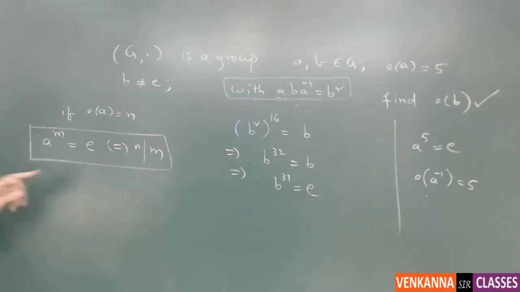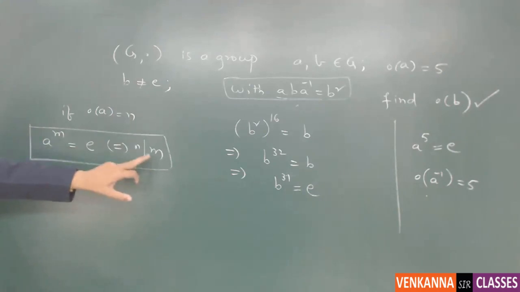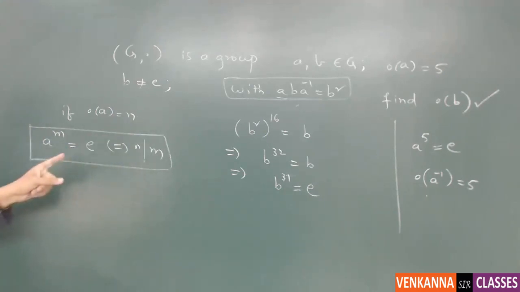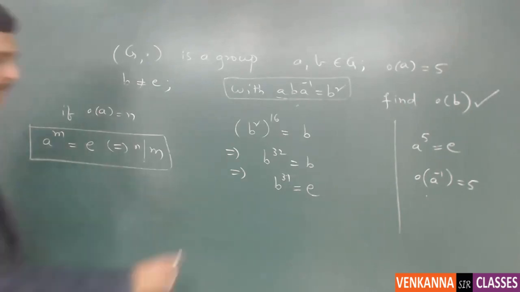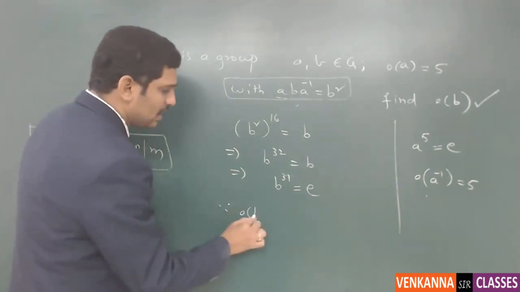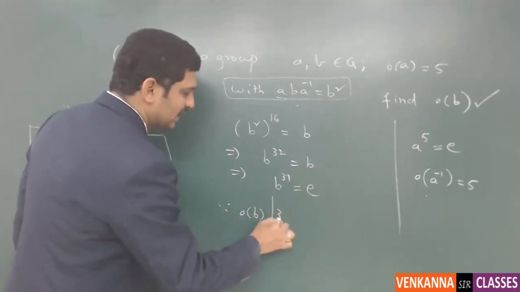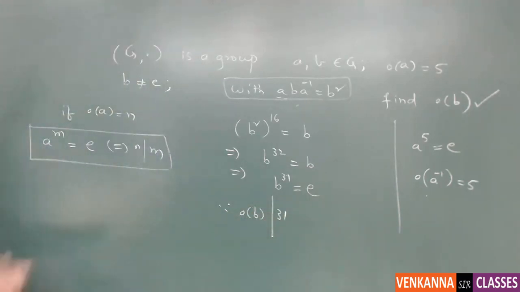So it means that the order of an element always divides the power at which you got the identity. So from this perspective, we can say that the order of b divides 31. Any confusion in applying this result?